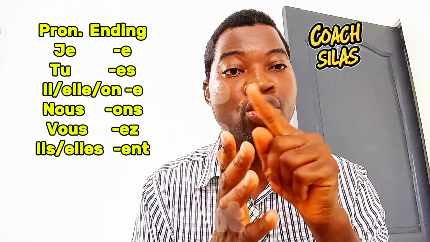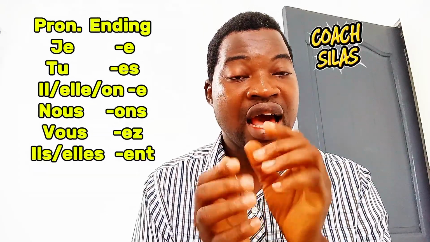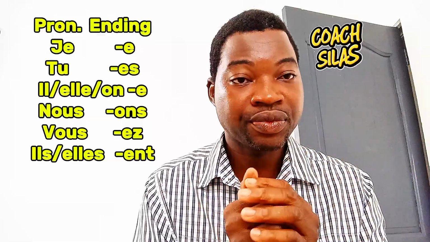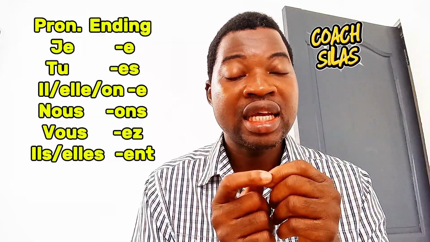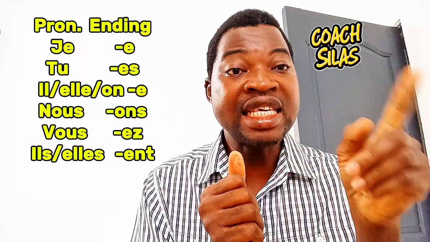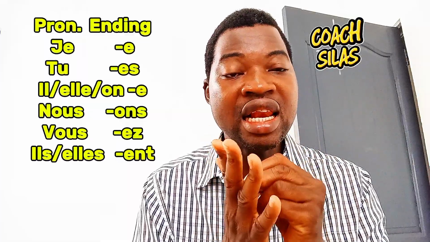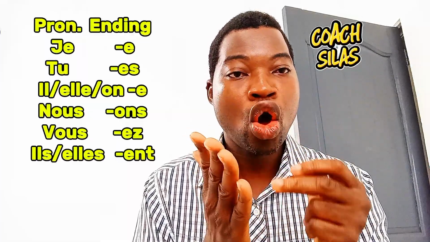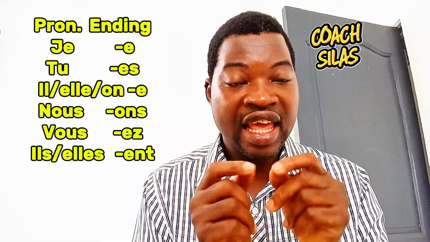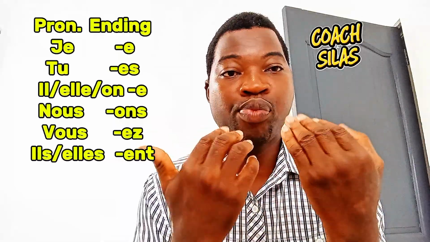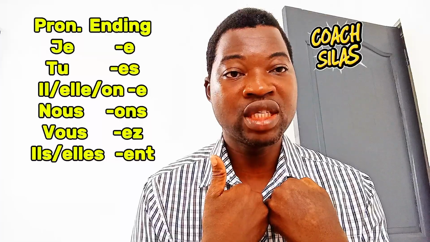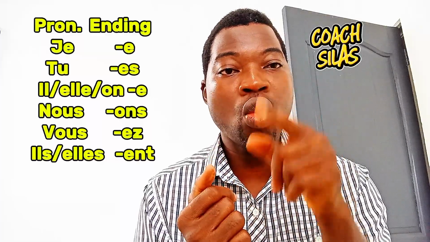So the pronoun je, which means I, has E as ending. Now, the pronoun tu, its ending is ES. Il or elle or on, the ending is E. Now, the pronoun nous, which means we, the ending is ONS.